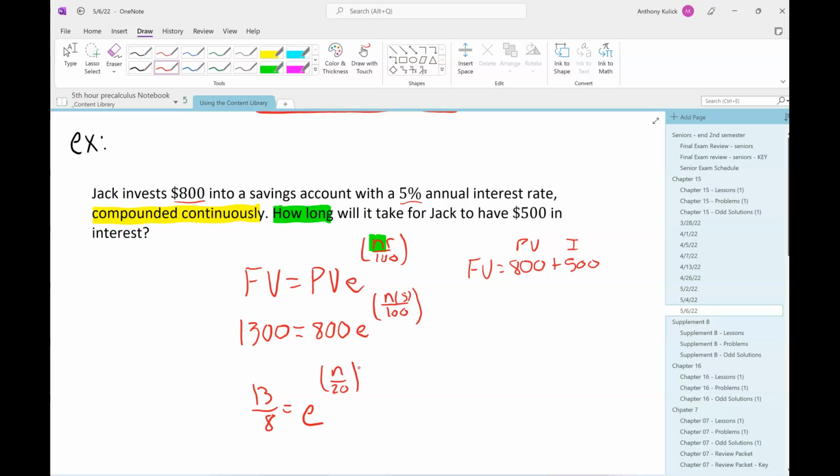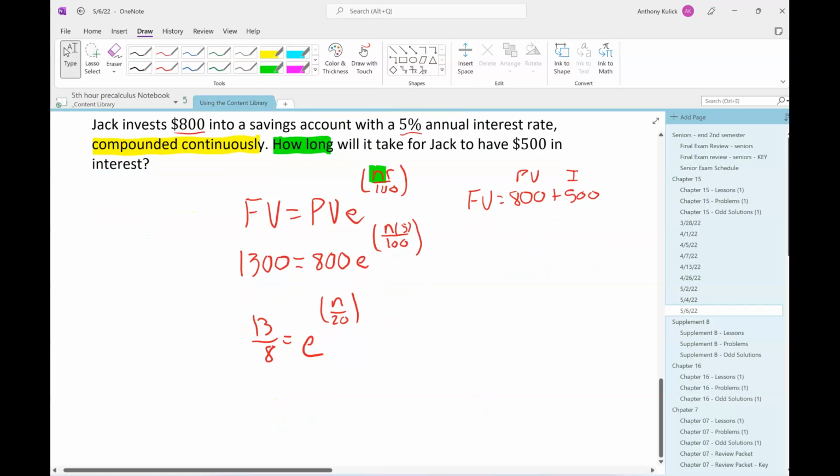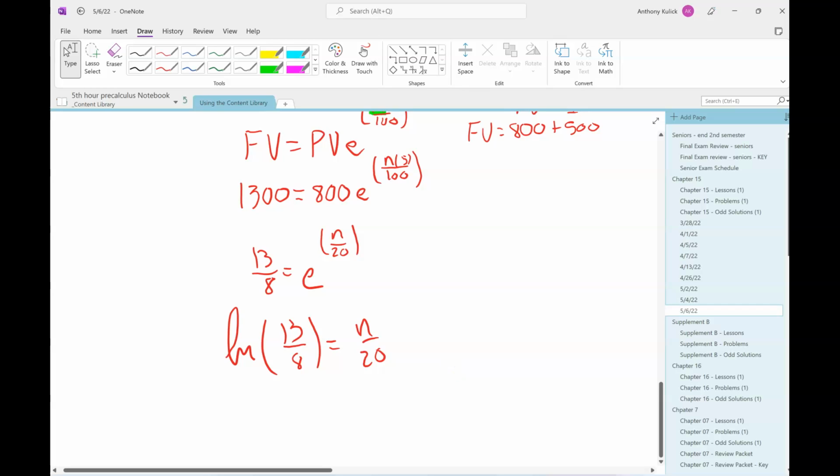Next step would be to, so we're going to need a logarithm to cancel the exponent base. The logarithm that we need in this case is log base e, also known as the natural log. And the symbol for the natural log is ln. Cool.